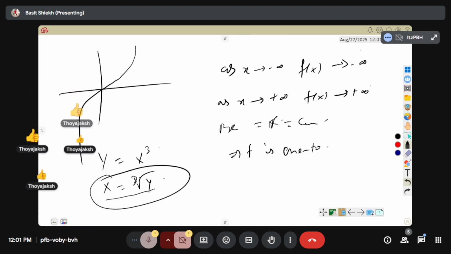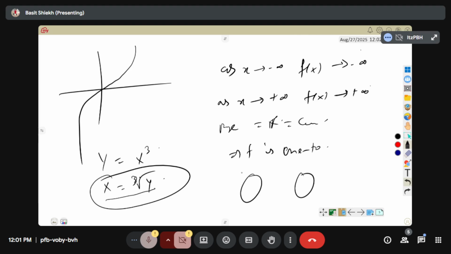So for all y in the codomain R, for every y, there is some x in the domain.